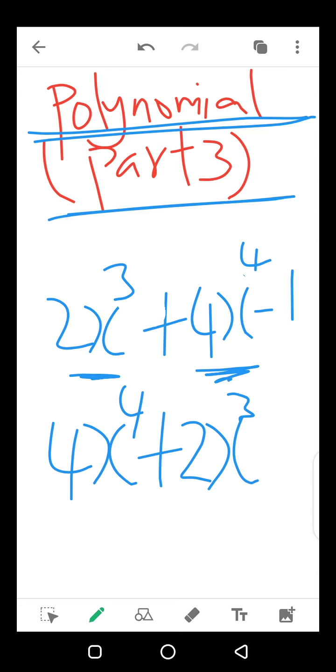Now there's something we always do here. We must make sure that the order of the arrangement follows from the highest power continuously to 0. That means after the fourth power, we have the third power. We must have the second power, whether it is included in the polynomial or not.